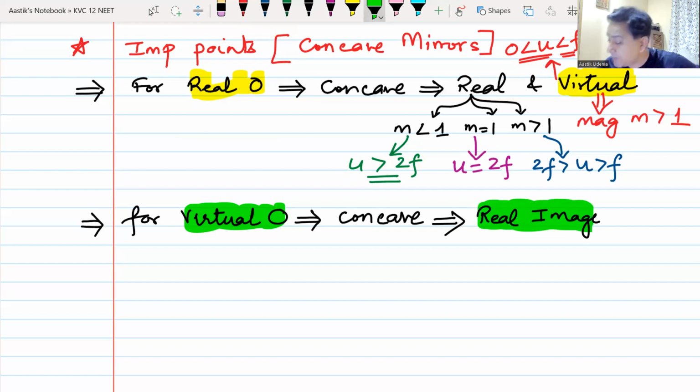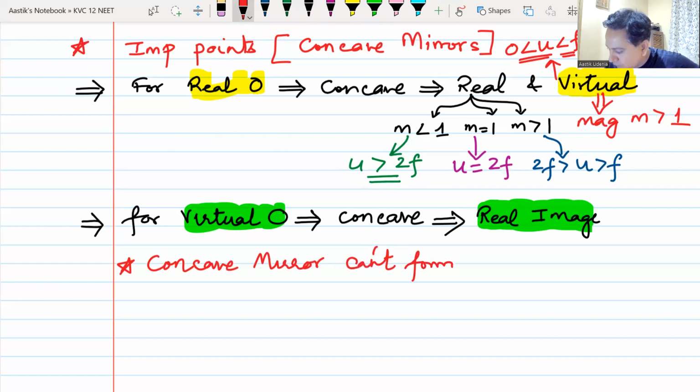And that is an important point, a concave mirror cannot form what? One case it cannot do.